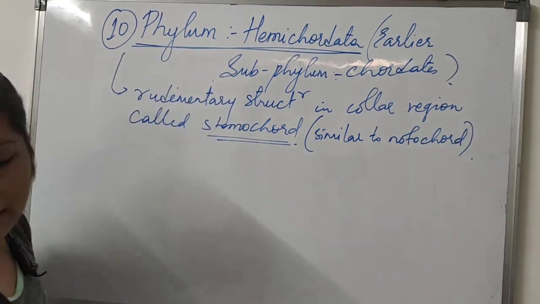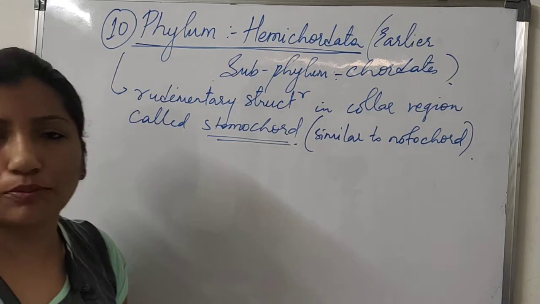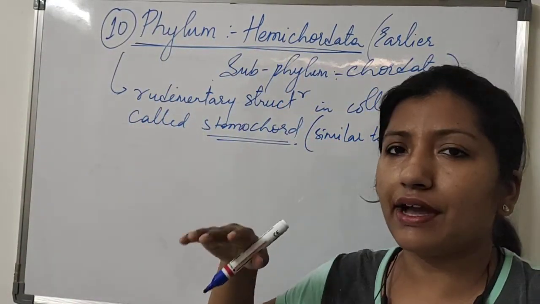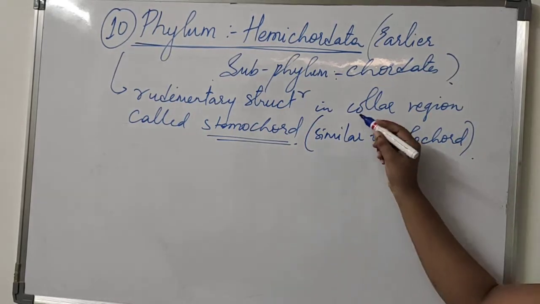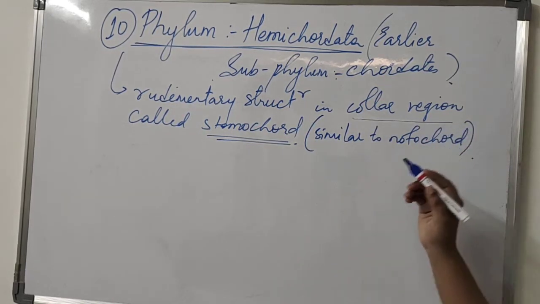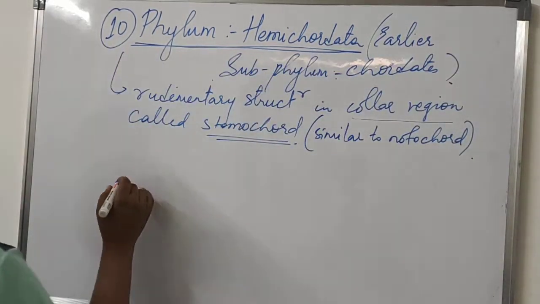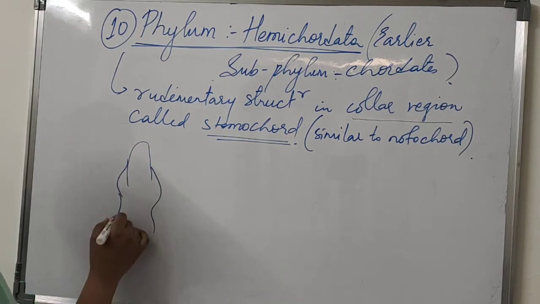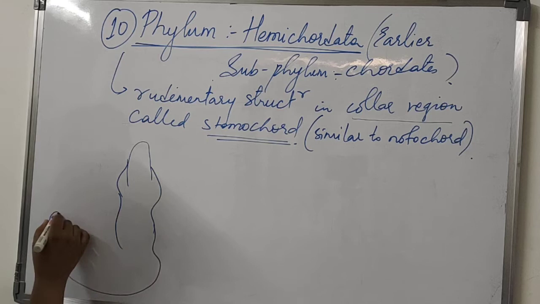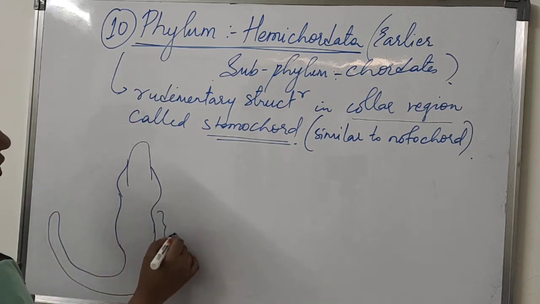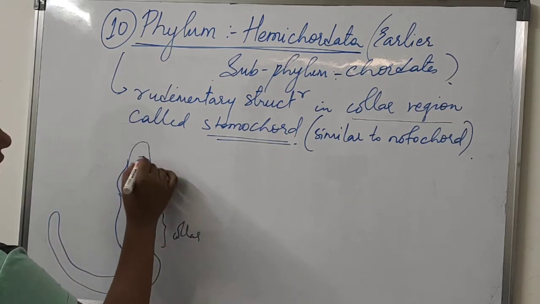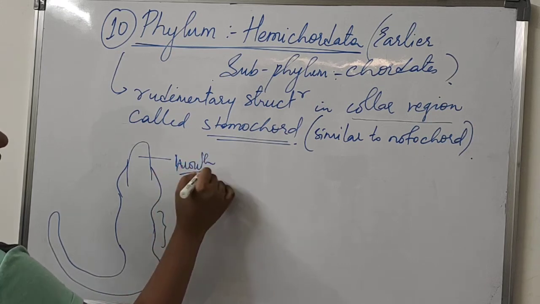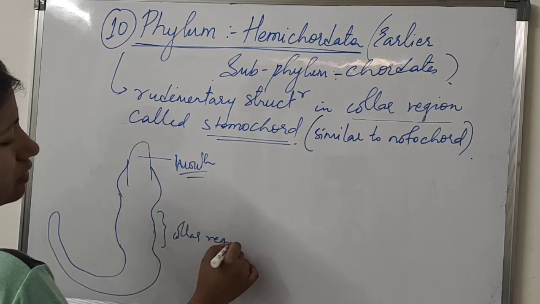You can see the diagram of phylum Hemichordata in your textbook. In the diagram, you will see that the collar region is there. Here is a rough diagram I can draw. This is the collar region, and this is the head, proboscis, mouth, or head region.